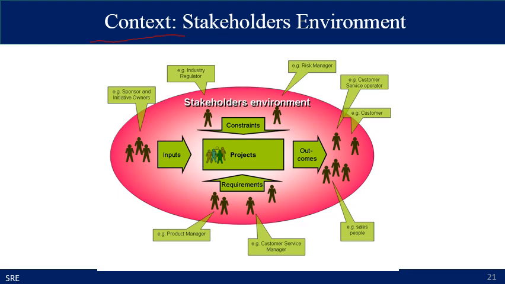The first stakeholders in your SDLC can be the sponsors or the initiative owners, which can be clients or the users of your system. These provide some input to form the requirement documents.